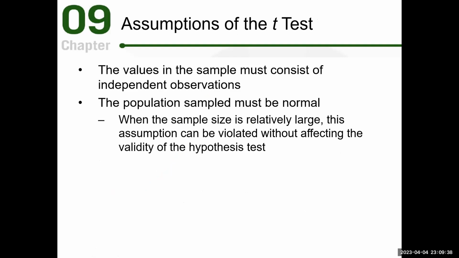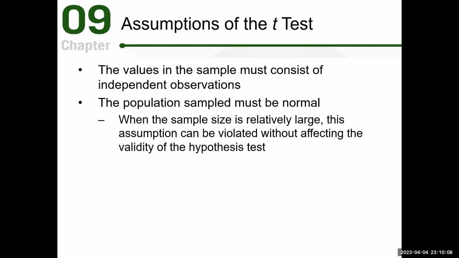Here are the 2 assumptions that we use for a t-test. The values in the sample must consist of independent observations. That is going to be the same for any statistical test that we do. That's one of the universal rules or assumptions that we make about our data. And the second thing is the population sampled must be normal. When the sample size is relatively large, this assumption can be violated without affecting the validity of the hypothesis test.